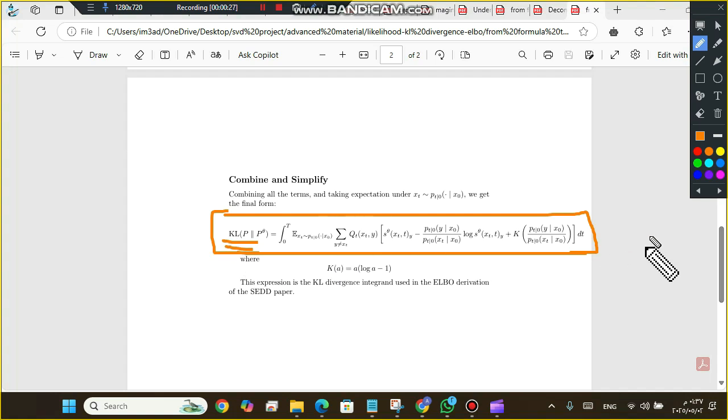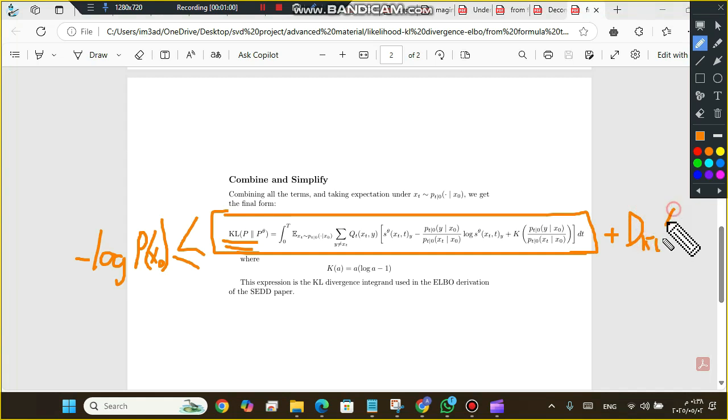So the full inequality will be, this one will be greater or equal than minus log p of x naught, plus this divergence of the process. Remaining is the divergence between the final vectors at time t, which is DKL between the two distributions, as we said, which is also the final formula in the paper.